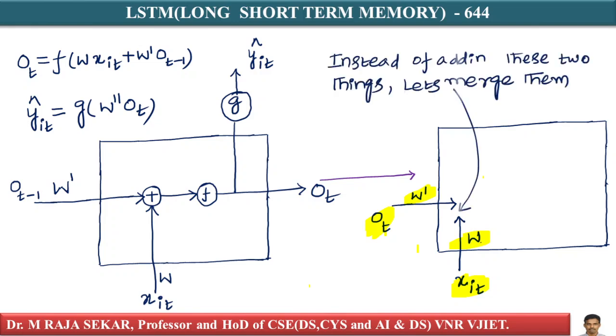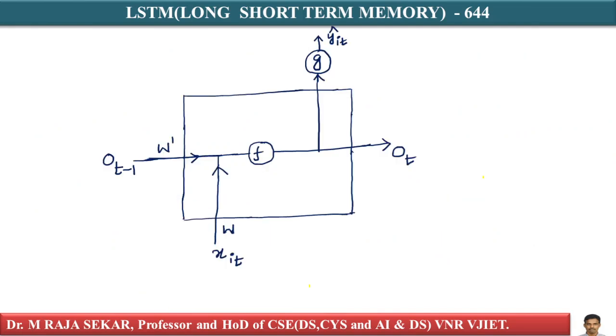Instead of adding these two things, let's merge them. This operation is called merging. I will explain what merging is exactly in a second. We send them to our F, we generate our Ot, and of course we have our G here which generates Yit cap.